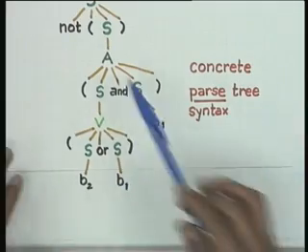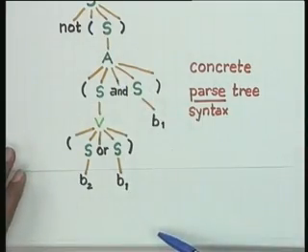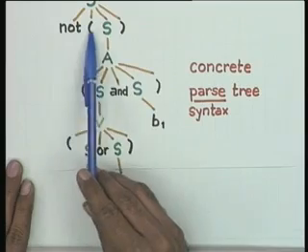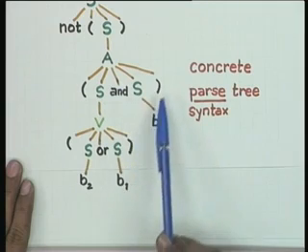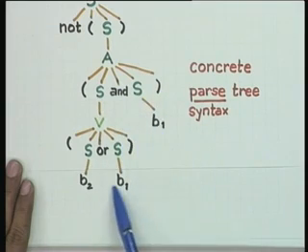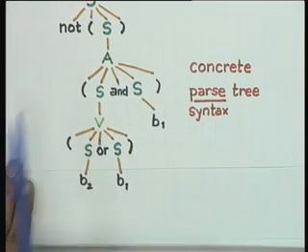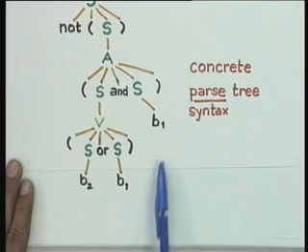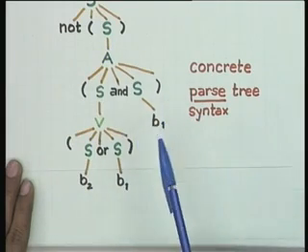Okay. So, we obtain a tree which we can call the parse tree, and the leaves of this tree are all terminal symbols. Notice that all the leaves of this tree are all black. So, if you read the leaves from left to right, you get the sentence that you generated.